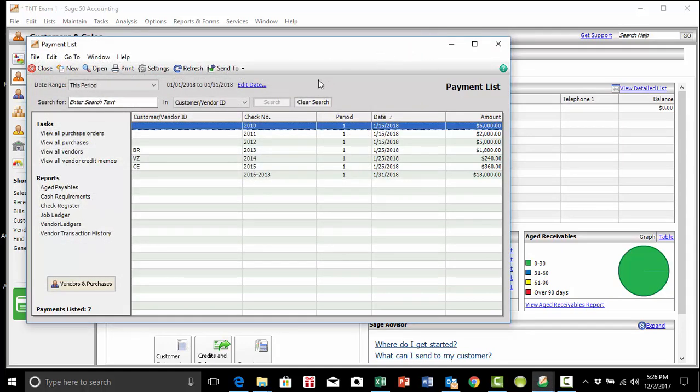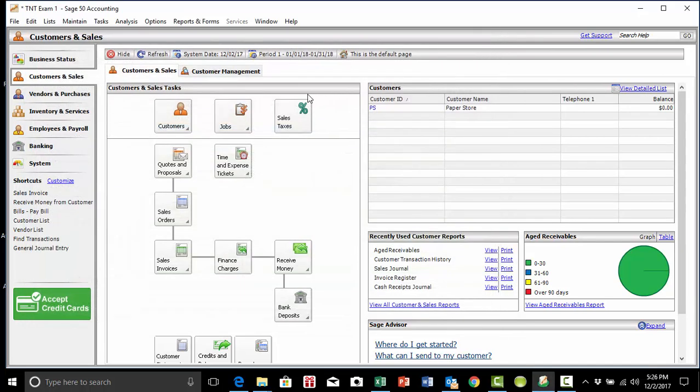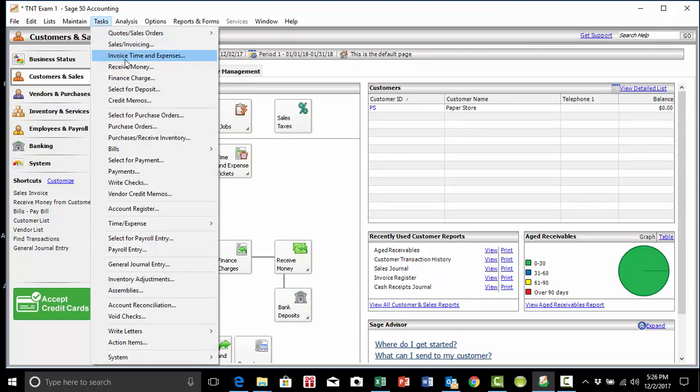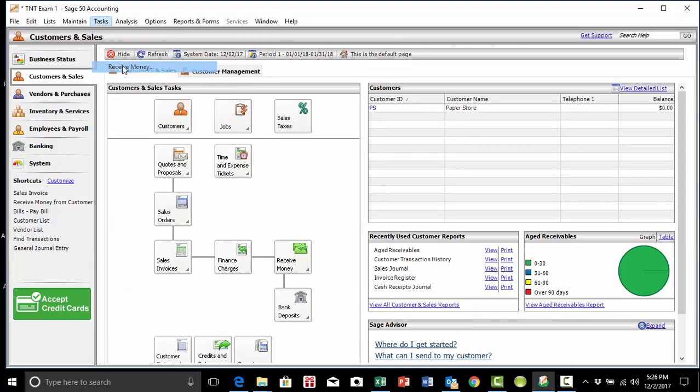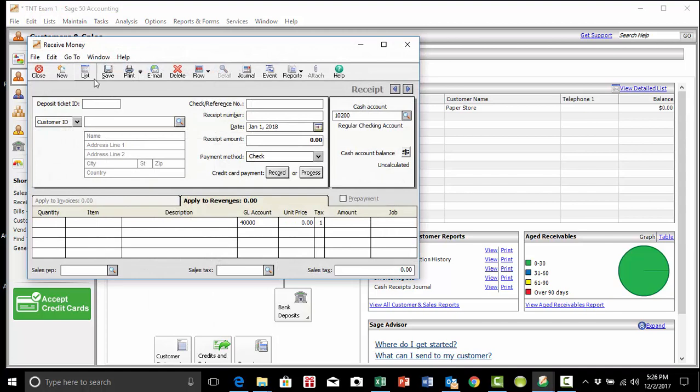And then we got payment from Paper Store for the work that we've done, and we billed them. So we received $7,700. So we go to tasks, and we receive money. Okay, let's do the list. Let's look at what we've done.